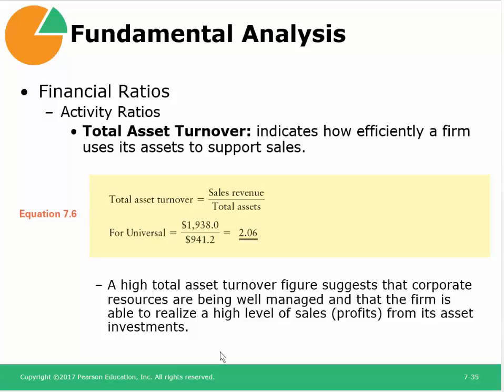That given our resource base, we're creating a lot of sales. Now, if that number gets too big, we could run into problems, but in general, a bigger number is better than a smaller number, right? We want to be able to generate sales given the assets that we as managers have decided we want to purchase. So that's the end of the fundamental analysis for efficiency ratios.